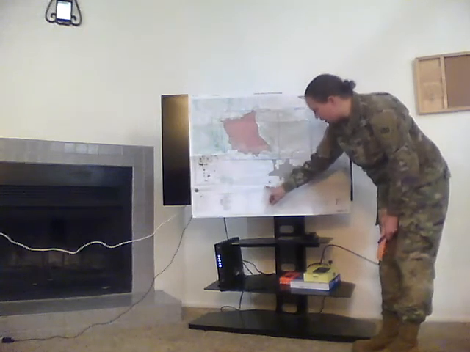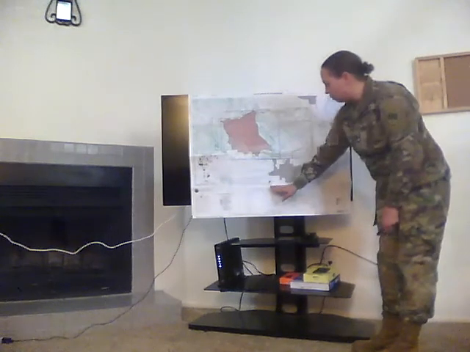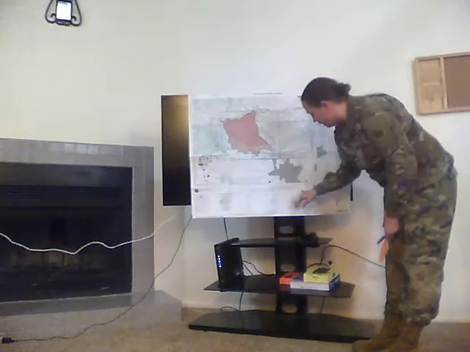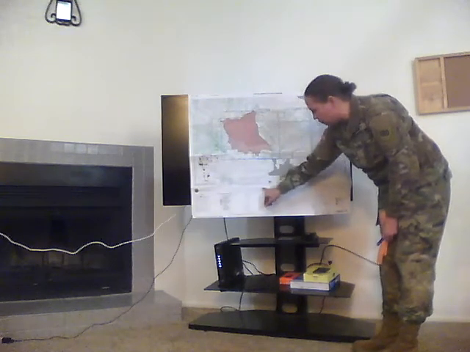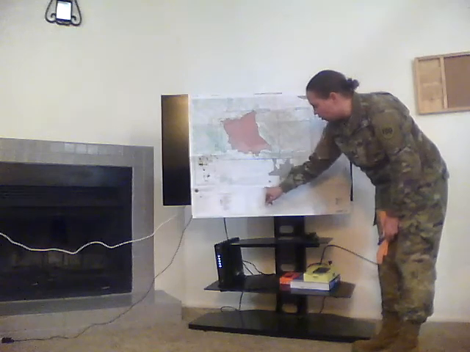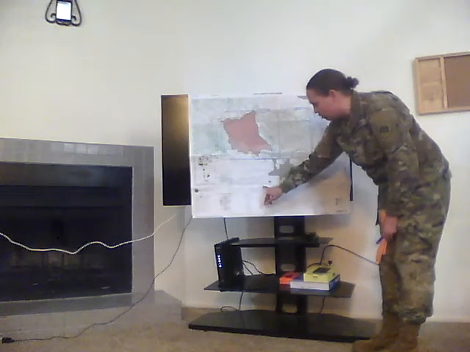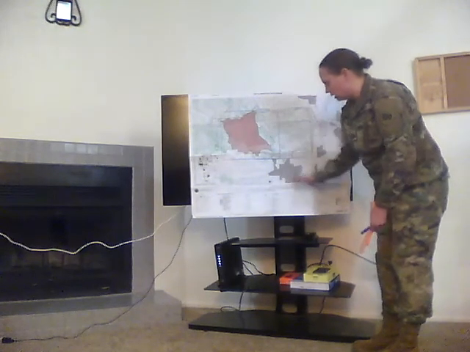Your scale is going to be a primary scale and an extension scale. Your primary scale is in kilometers, broken down into 5 sections, where 0 to 1 is 1 kilometer, 1 to 2 is 2 kilometers, and so on.